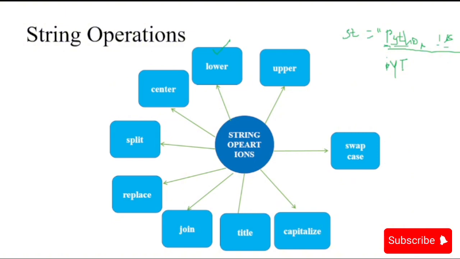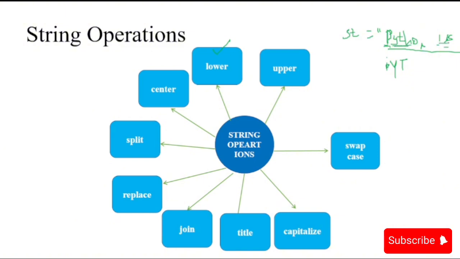And then we have capitalize. Capitalize converts the first character of the string to uppercase, and the rest of the characters remain lowercase. So, assuming P was in lowercase, it will convert this P to uppercase and leave the rest in lowercase.